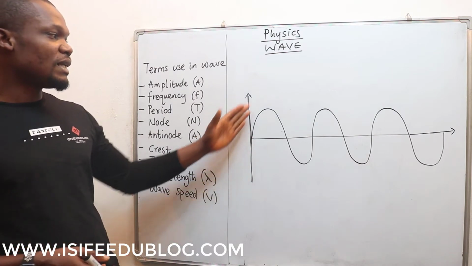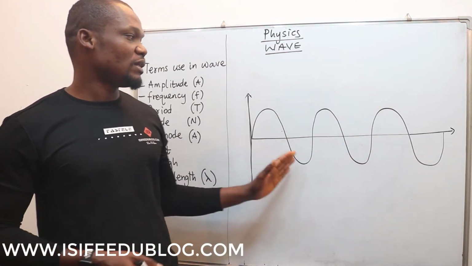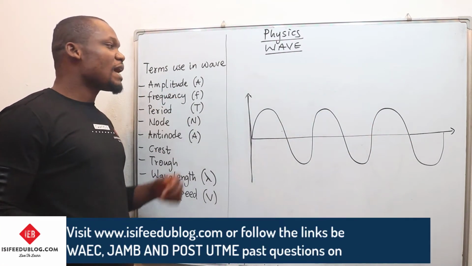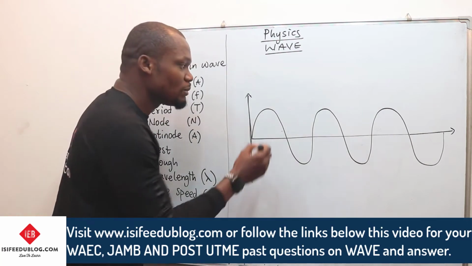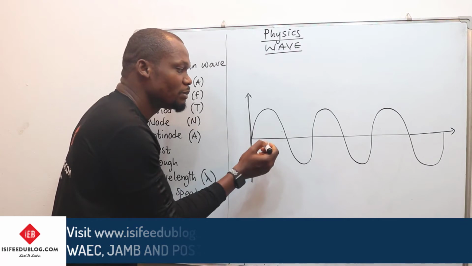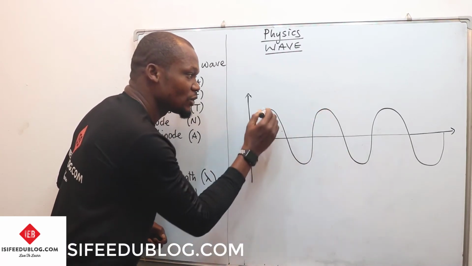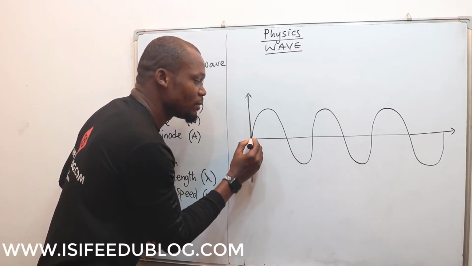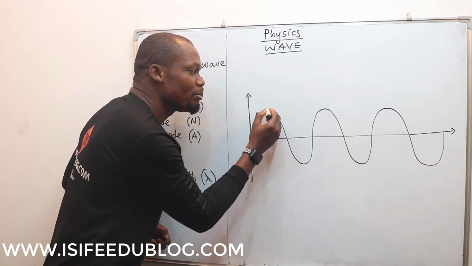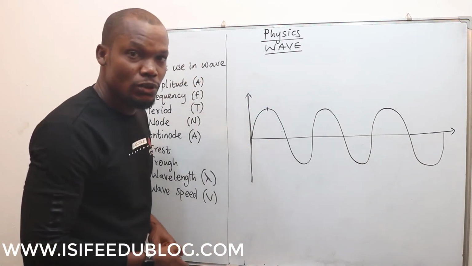Let us take a look at this wave graph. This is a progressive wave illustrated in a graph. We say that amplitude is the maximum displacement of the wave from a fixed point, which means if this is the fixed point and we take it in this direction, we can see that this wave starts from here, the disturbance starts from here and increases to a given point, which is the maximum point, before it begins to go down again.